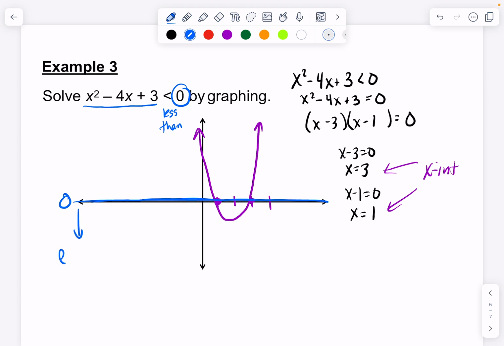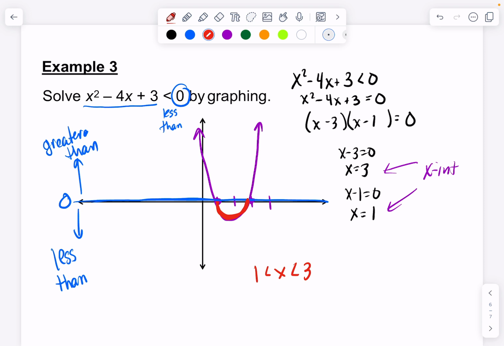Anything below is less than, and anything above is greater than. So where's my graph? Since I'm looking for less than 0, where am I less than 0? I'm less than 0 from 1 to 3.